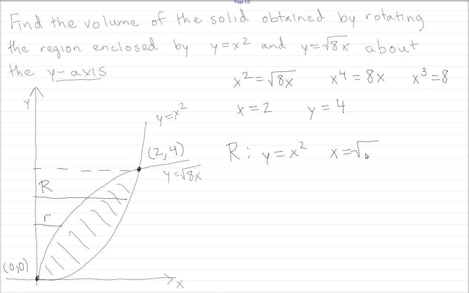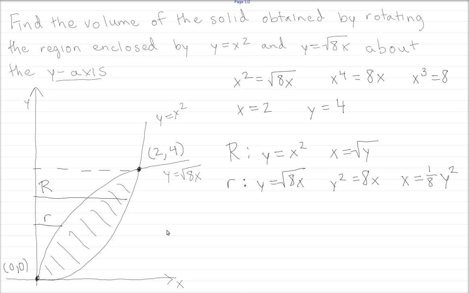So if y equals x squared, then x is going to be equal to the square root of y. Now looking at our smaller radius, little r, we have y is equal to the square root of 8x. So then squaring both sides, y squared is going to be equal to 8x. And solving for x, x is equal to 1/8 y squared.